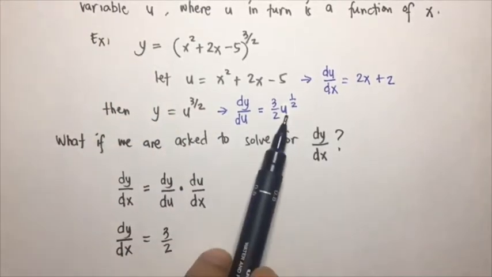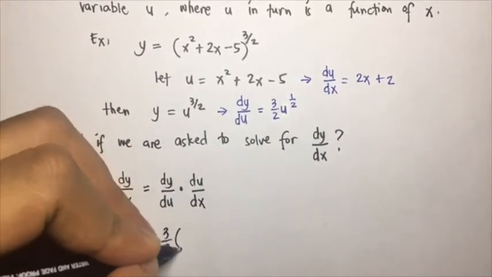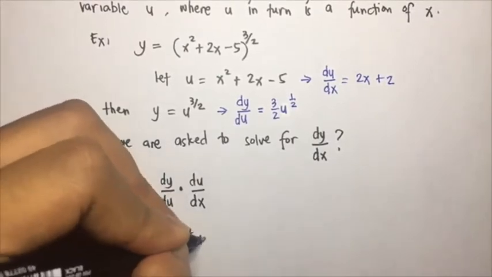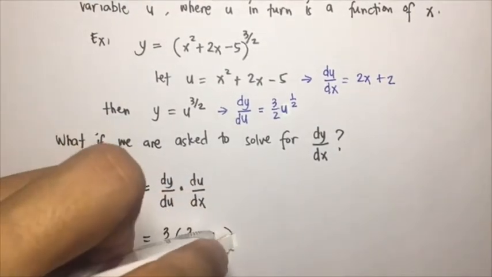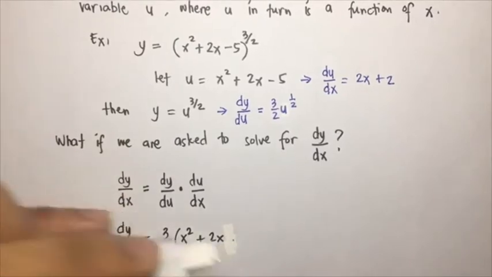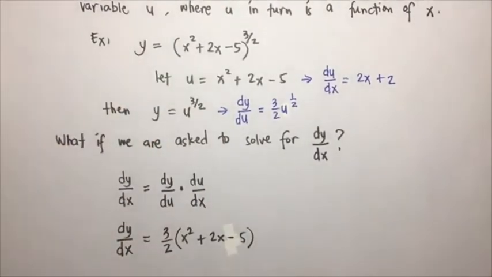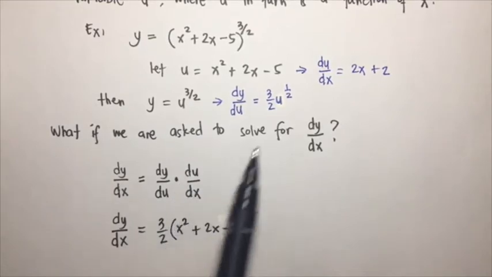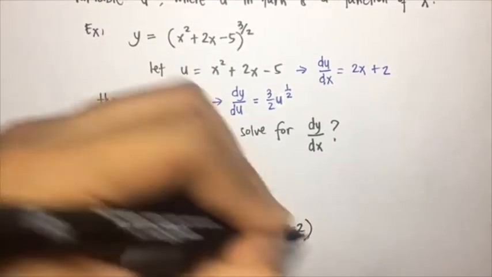Since u is equal to x squared plus 2x minus 5, we have 3 halves times (x squared plus 2x minus 5) raised to 1 half, multiplied by du over dx, which is 2x plus 2.